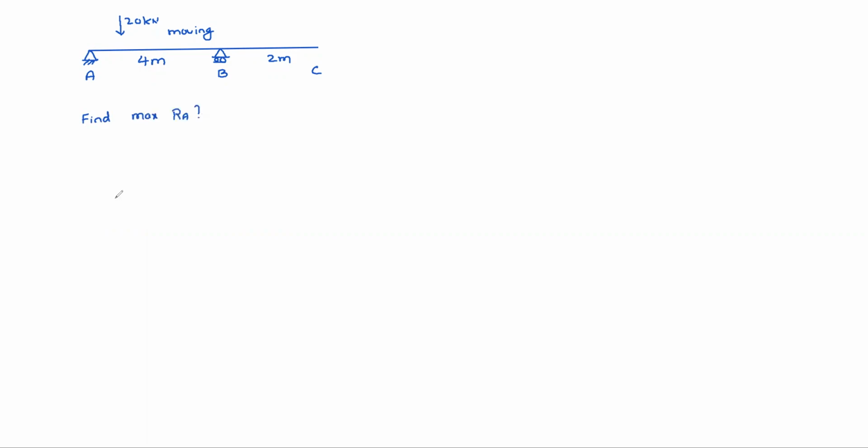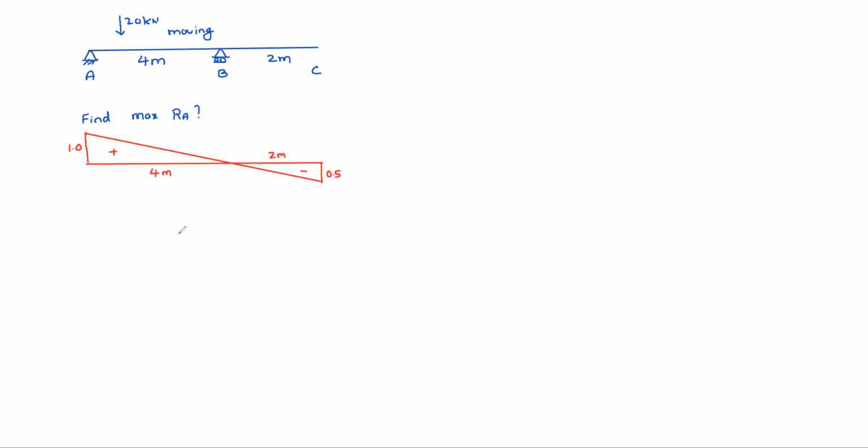So immediately just draw the ILD for that. So positive, negative, this is 1, this is 0.5 negative. Okay, 4 meters, 2 meters.